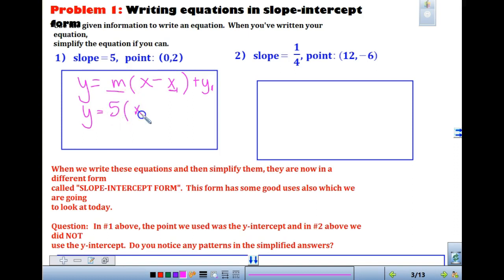And then I'm going to have x minus 0. And then I'm going to have plus 2. If I'm simplifying that, I'm going to have y equals what? Y equals 5x plus just plus 2, right? Because if I distributed this x minus 0, that's just 5x plus 2.